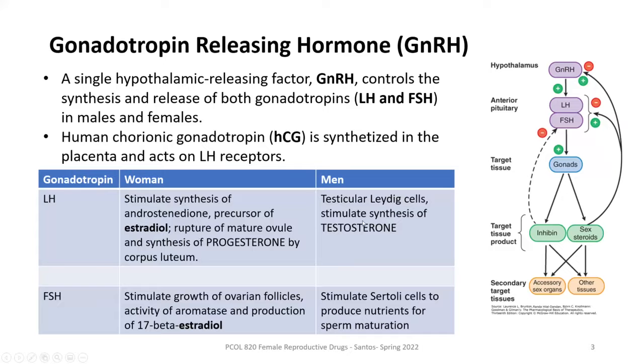In the man, LH acts on the testicular Leydig cells to stimulate the synthesis of testosterone, the main gonadal hormone in man. FSH in woman, as the name says, is a follicle stimulating hormone and also has activity over aromatase, with the production of 17-beta estradiol. In men, FSH stimulates the Sertoli cells to produce nutrients that allow sperm maturation.